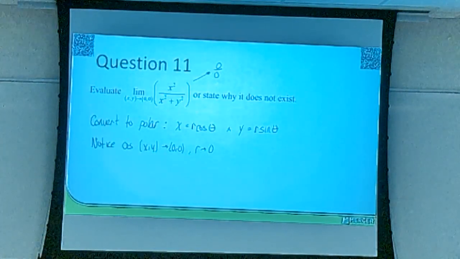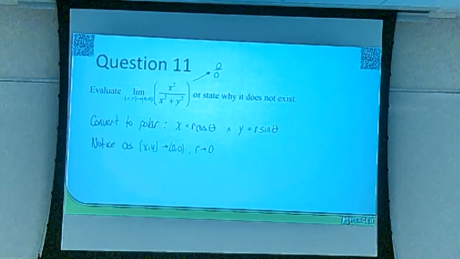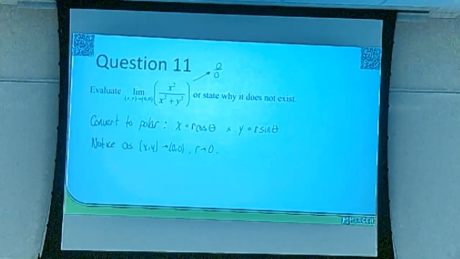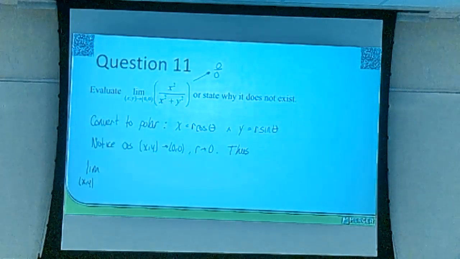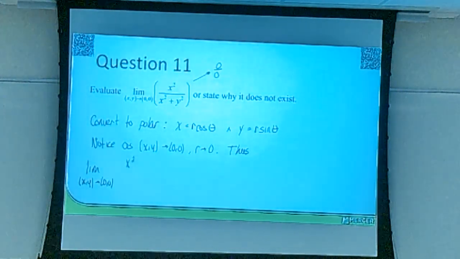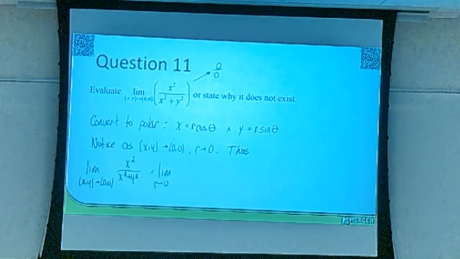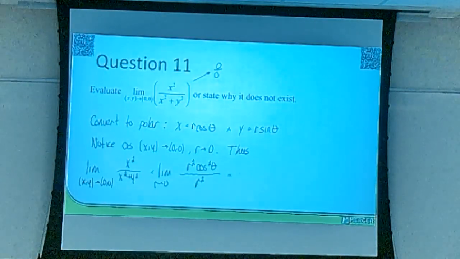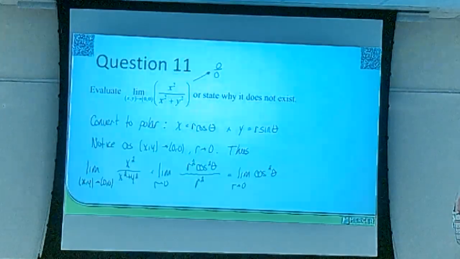As x and y approach the origin, r approaches 0, because x squared plus y squared is r squared. Again, r is approaching 0, so you can cancel out the r squareds.